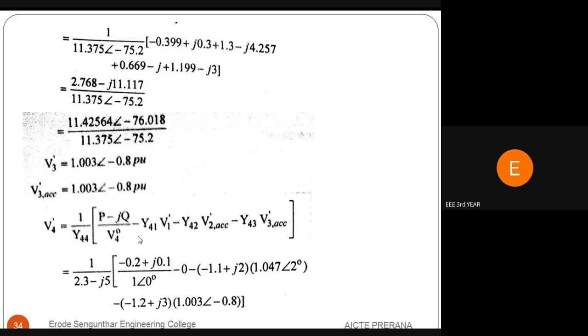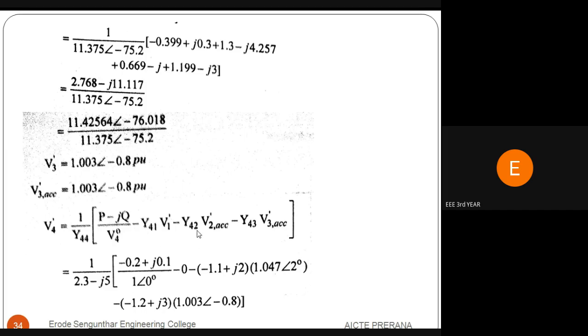Then here I am substituting it. P value is 0.2 and Q value is 0.1. But in a load bus we have to consider minus, so here I am considering minus P plus jQ, divided by V4 naught, whose value is 1, and minus Y41. The Y41 value in the Y bus matrix is 0, so this term becomes 0.